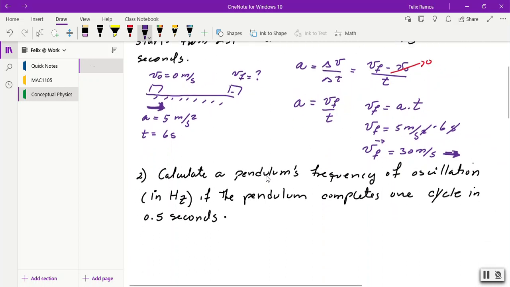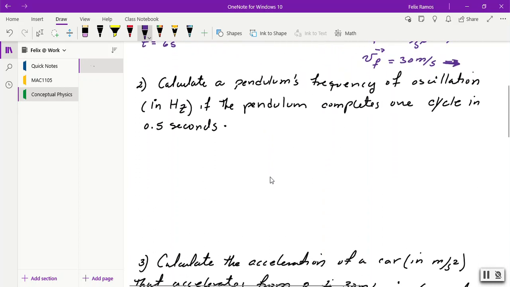Let us then go over this other. They say calculate a pendulum frequency of oscillation in hertz if the pendulum completes one cycle in 0.5 seconds. Again, let us just make a sketch of the problem. So we have a pendulum, right?